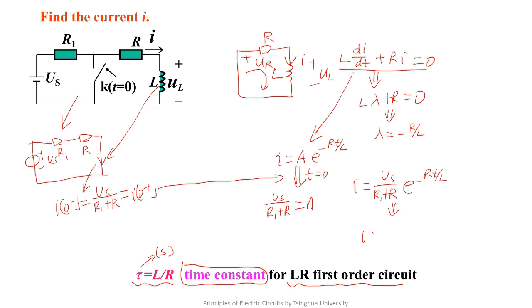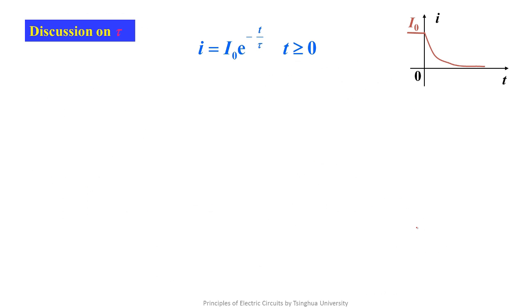So, I equals US over R1 plus R multiplied by e to the power minus Rt over L. It's of great advantage to define the time constants for RC and RL first-order circuits as RC and L over R respectively. One advantage is we can use the same e to the power minus t over tau to represent a decay.